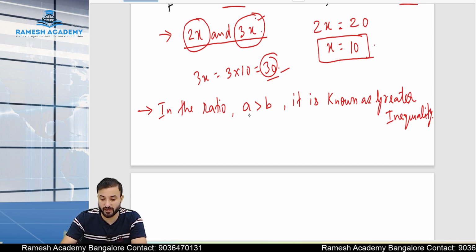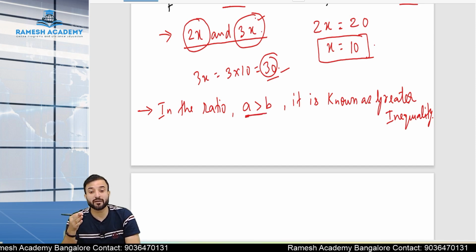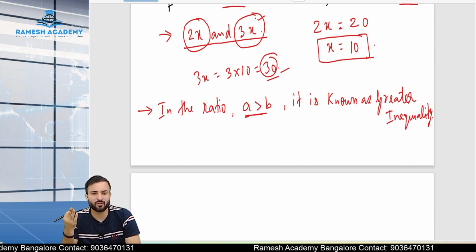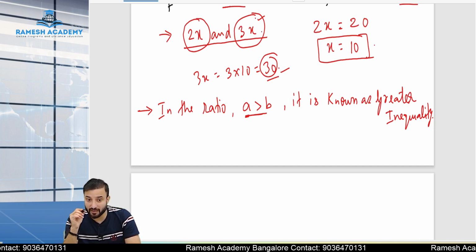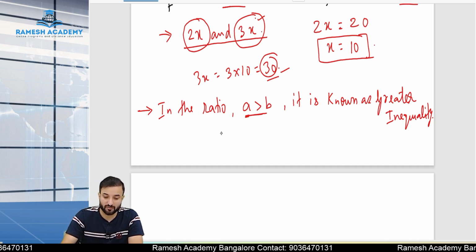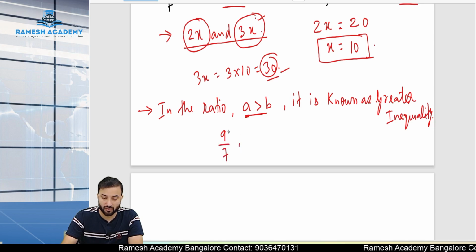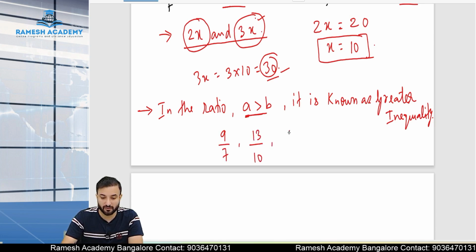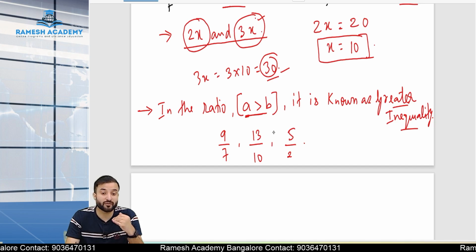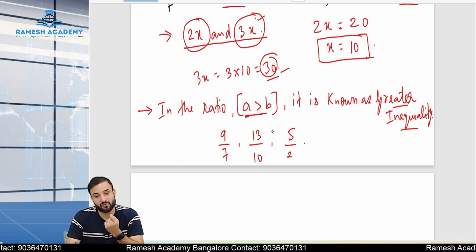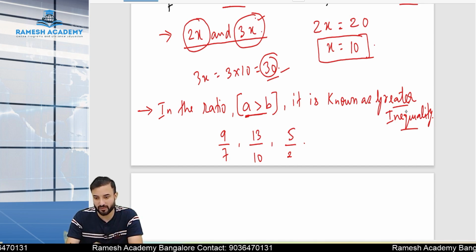Examples: 9/7, here 9 is greater than 7; 13/10, here 13 is greater than 10; 5/2, here 5 is greater than 2. So this is greater inequality, where A is greater than B, where antecedent is greater than consequent, or numerator is greater than denominator.